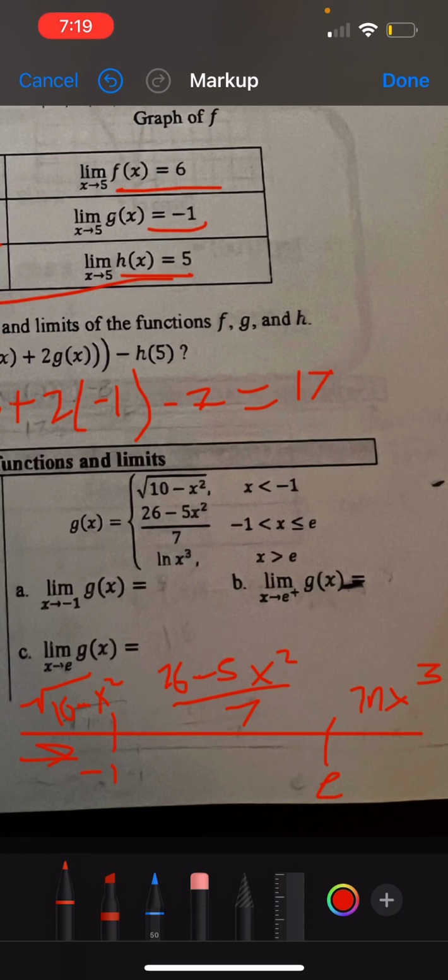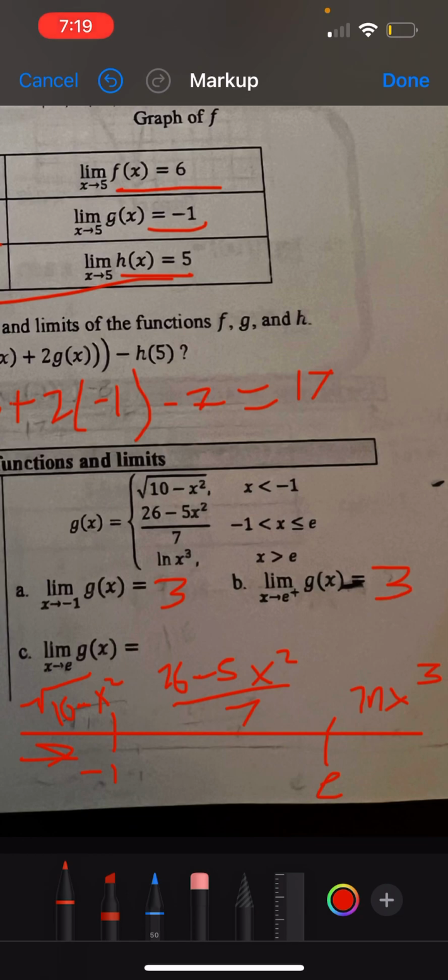So this one, or no, it'd be 27, yeah, 27 over 9, and then it would be equal to 3. And then B is that it approaches E from the right. So I'm going to plug it into my calculator real quick, and that also gives me 3.